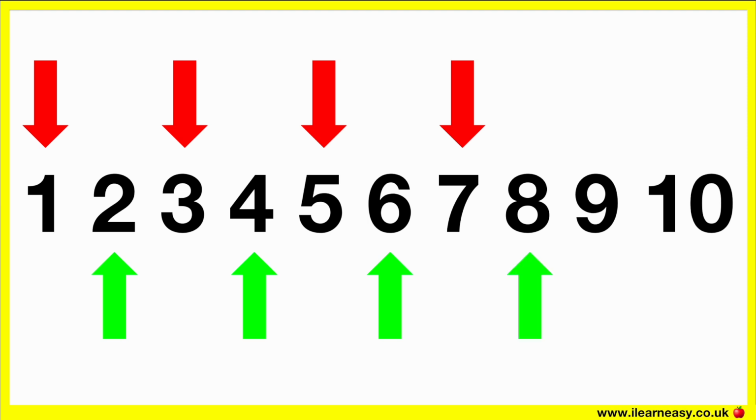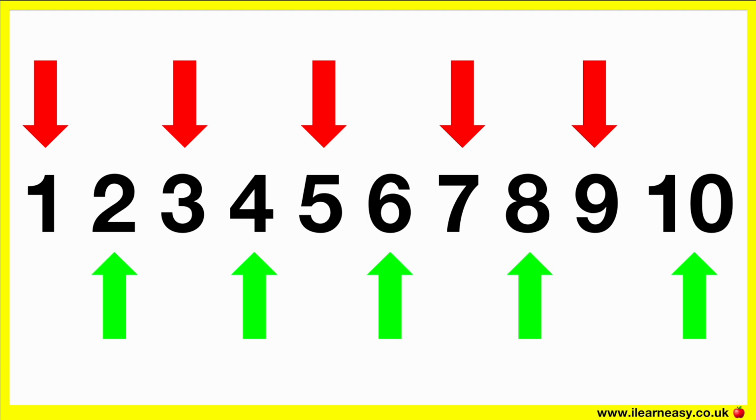The number 8 is even because it can be split into 2 equal parts. Is the number 9 even or odd? The number 9 is odd because it can't be split into 2 equal parts. Is the number 10 even or odd? The number 10 is even because it can be split into 2 equal parts.